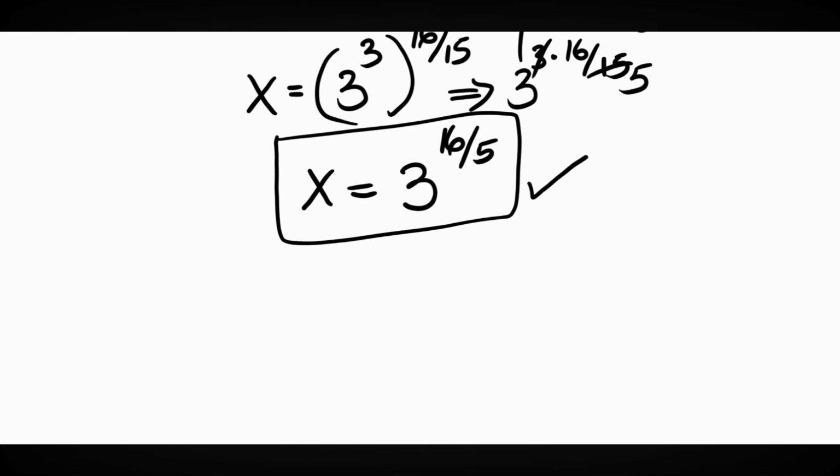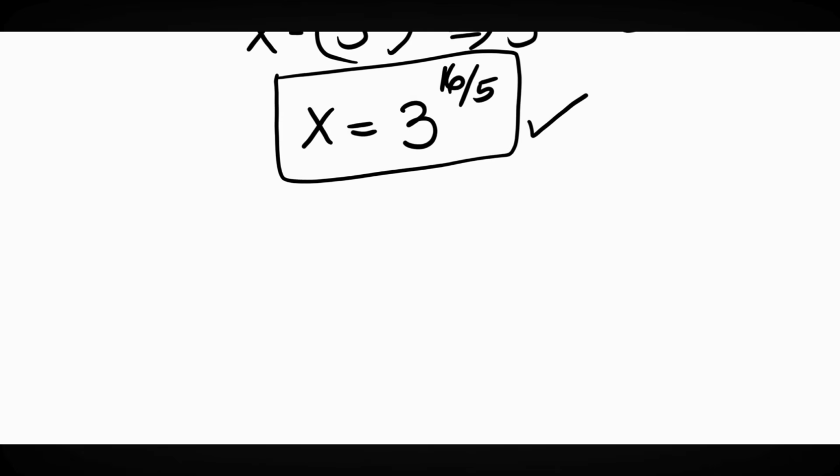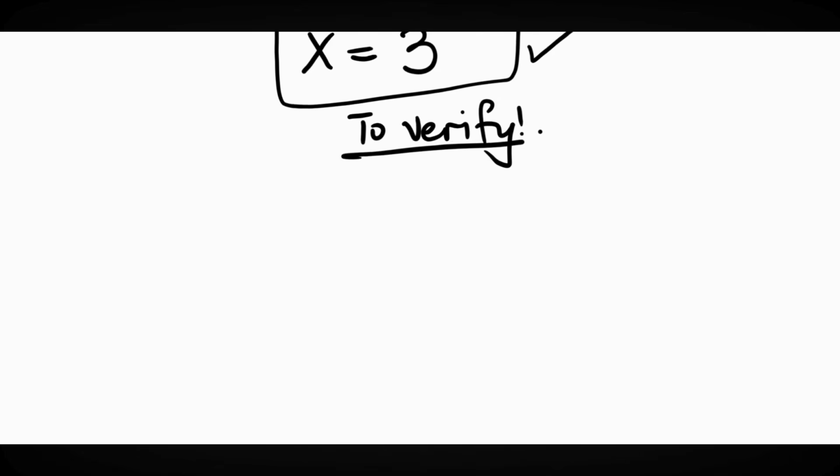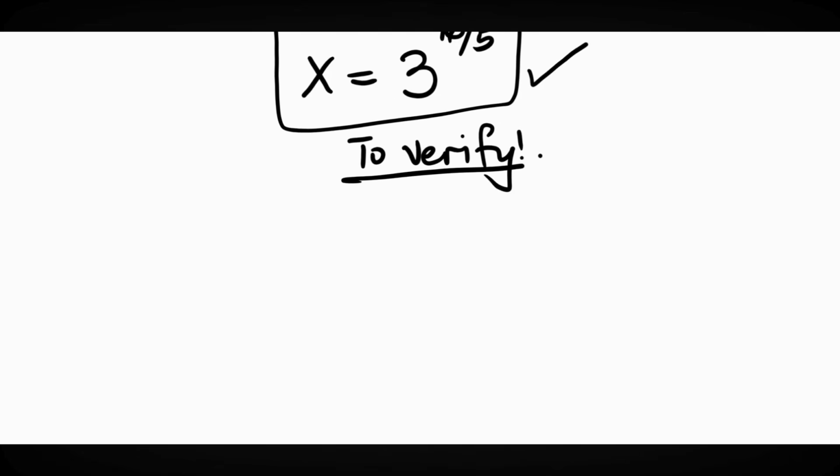Now, we need to verify to ensure that our answer is correct. And for our answer to be correct, the left-hand side needs to be equal to the right-hand side. So let us verify. To verify, we plug in the value of x wherever we find x.